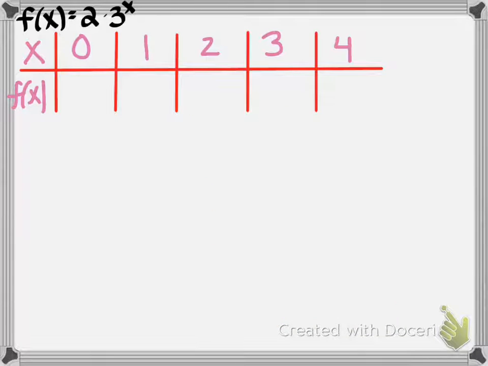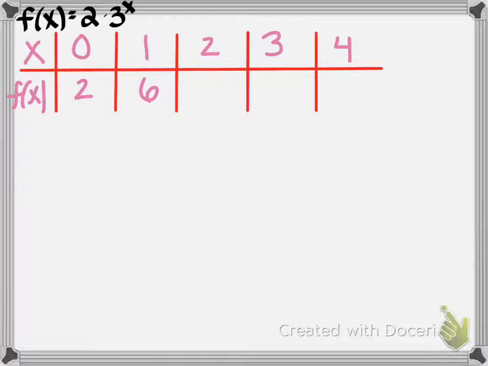So the first problem here says complete the following table for the function f of x equals 2 times 3 to the x power. So when you type this into your calculator, you get that 2 times 3 to the 0 power is 2 times 1. So this first one is 2. Now typing these into our calculator, for when x is 1, f of x becomes 6.